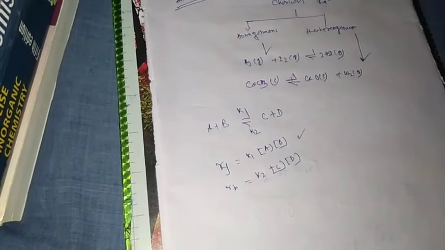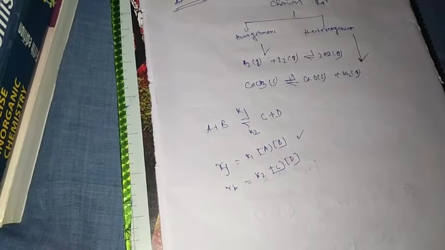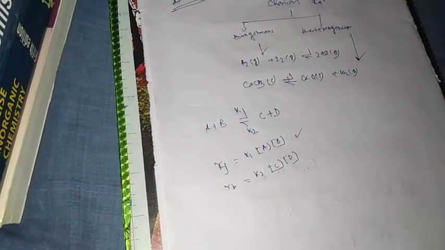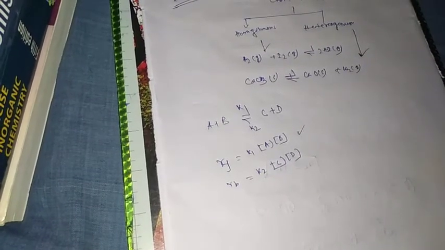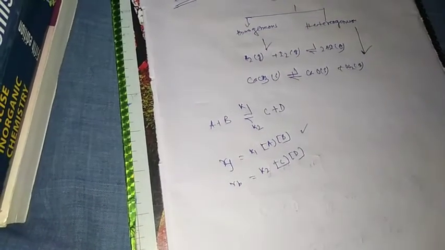And what is the law of mass action? The law of mass action is nothing but that the rate of a reaction is proportional to the stoichiometric multiplication of the concentrations of the reactants.